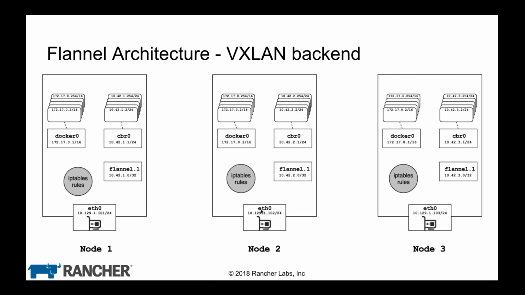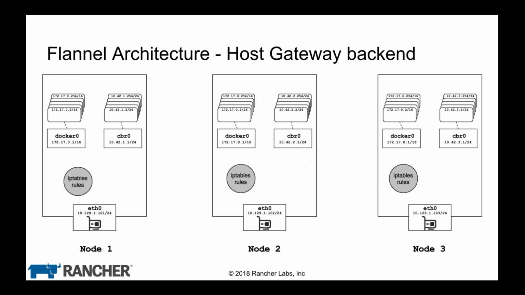From eth0, the packet goes through the IP table rules, gets decapsulated, goes through the flannel interface, hits the CBR0, and finally reaches the actual container. So that's the packet flow using the VXLAN backend of the flannel plugin.